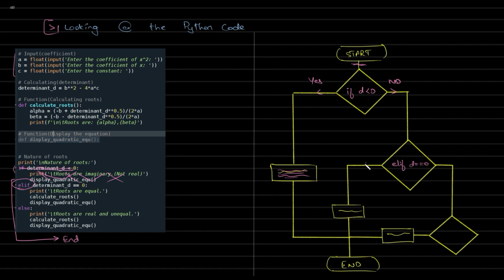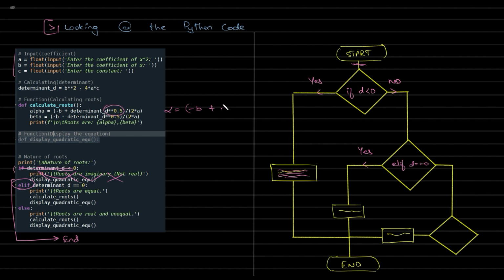So we're looking at yes. If the condition is yes, then it is telling the roots are equal and it will calculate the roots. So how does it calculate the root? You can see alpha is calculated as minus b plus, in brackets, d to the power of 0.5.